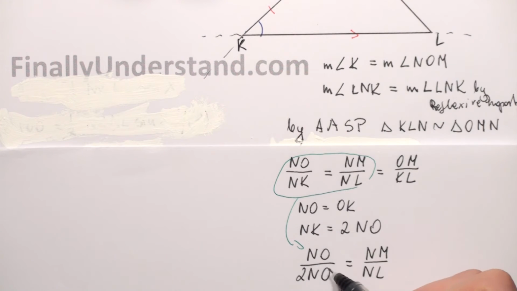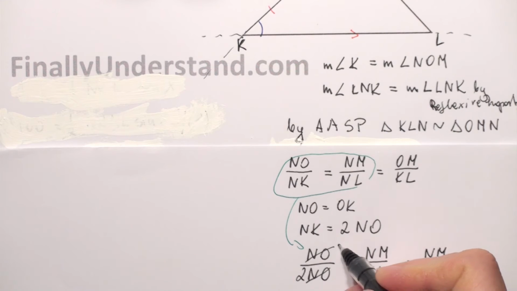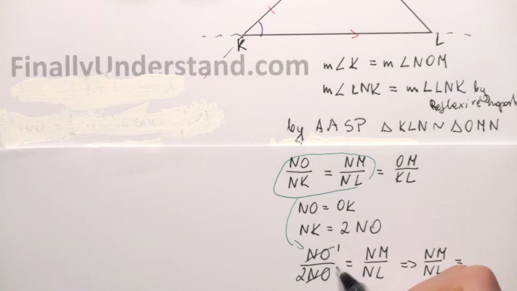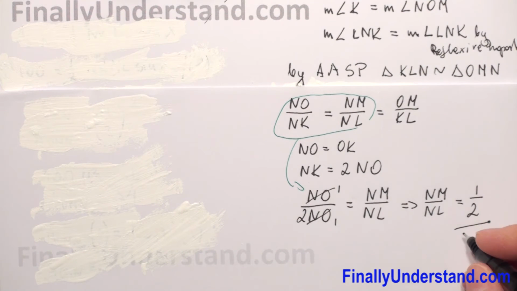So now we see that NO we can reduce, and what we have? We have NM over NL is equal, NO divided by NO will be 1, so we have 1 over 2 times 1, which is 2. So we found the ratio of sides.